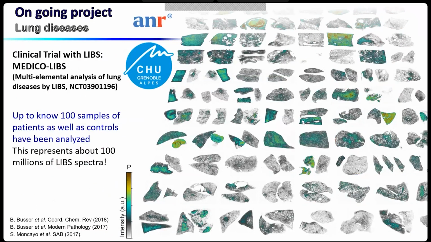So we are also very lucky because there is a new first time. It's from 3 years ago, but we are initiating a prospective clinical trial with LIBS, the first one, on rare lung diseases like emphysema and sarcoidosis, and we are collecting samples from 10 hospitals in France, analyzing the samples and so on.